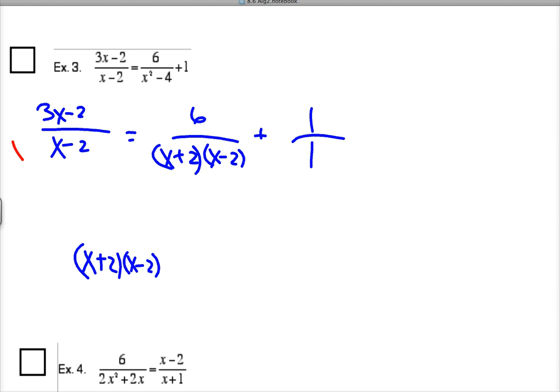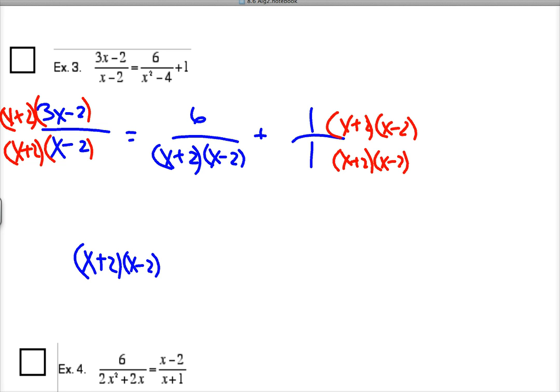So this one needs an x plus 2. The 6 is good. This one needs both. And then I just need to evaluate the numerators.